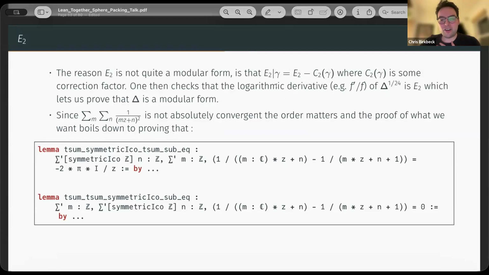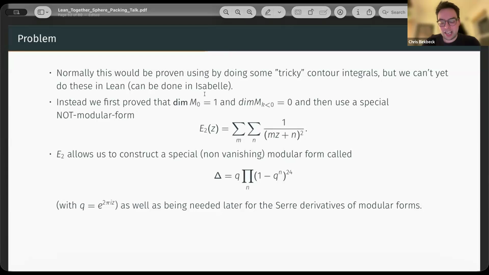But it turns out that if you take its logarithmic derivative, so just f prime over f, of the 24th root of the delta function that we have, then it is exactly this E2 function. And this lets you prove that your delta, as I defined here, is actually a modular form, which is kind of hard to do just from this definition because it's just a Q expansion.